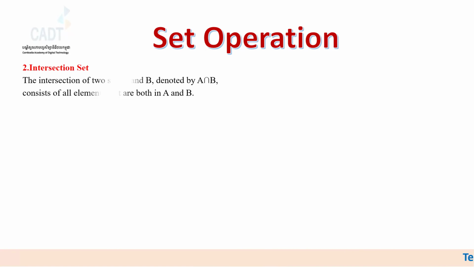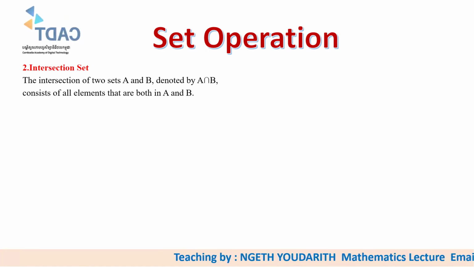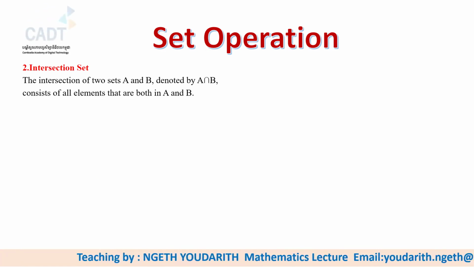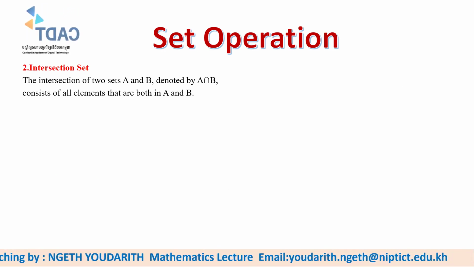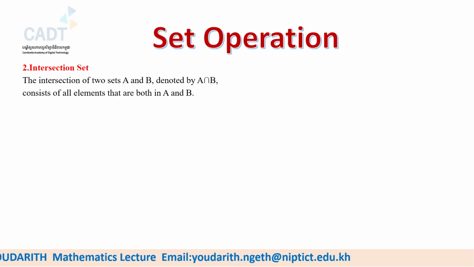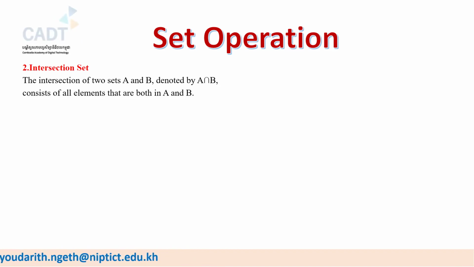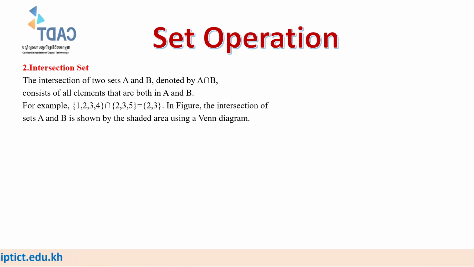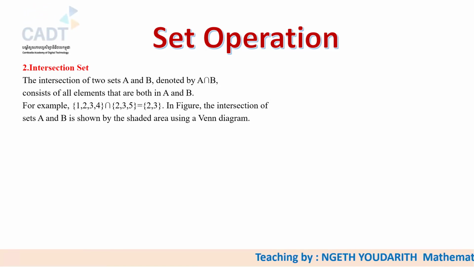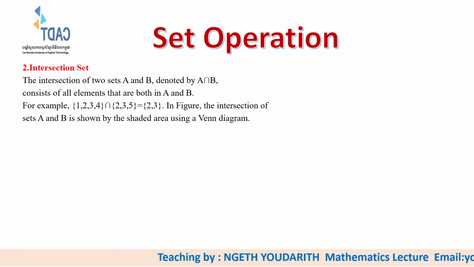Intersection of sets. The intersection of two sets A and B, denoted by A intersect B, consists of elements that are both in A and B. For example, {1, 2, 3, 4} intersect {2, 3, 5} equals {2, 3}.